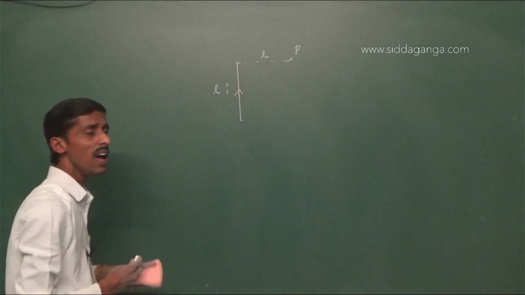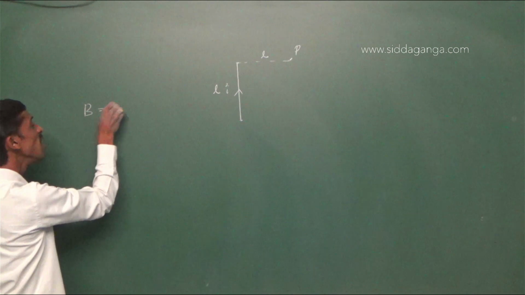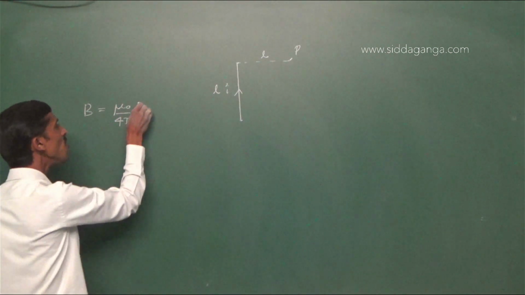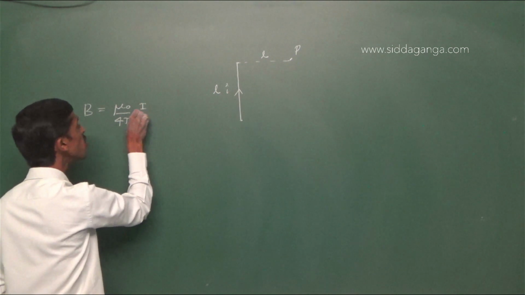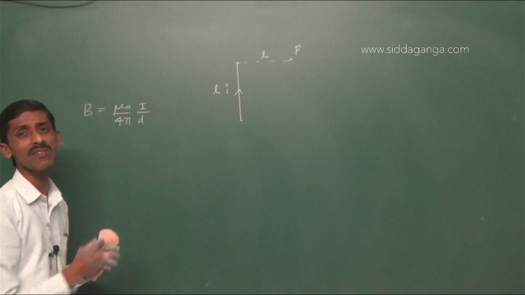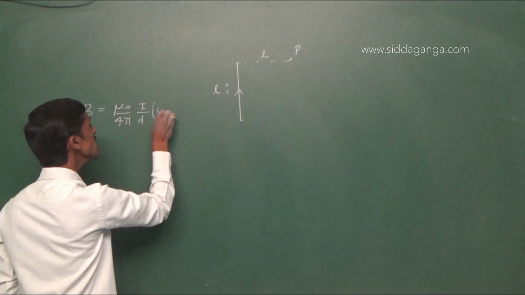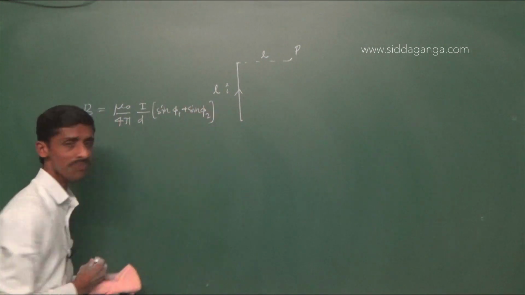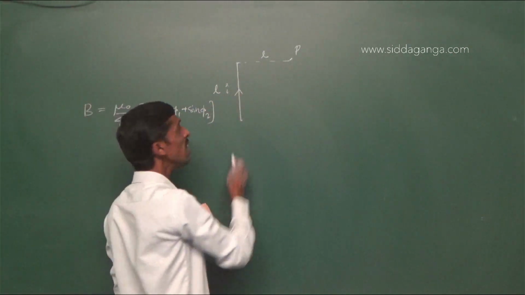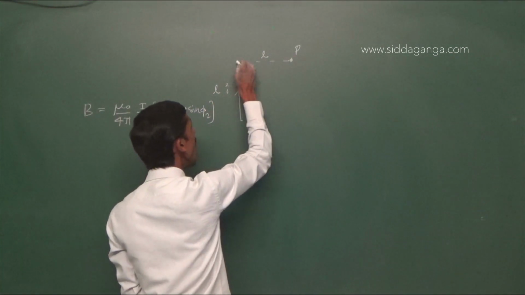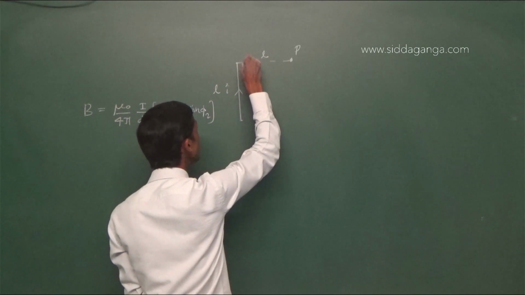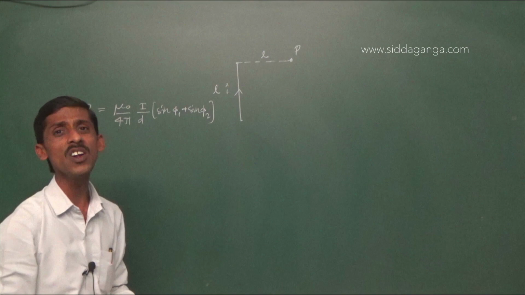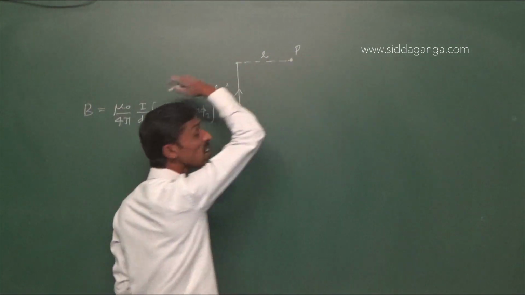As I have given, the magnetic field due to a wire of finite length is mu naught by 4 pi, I by d, where d means the distance of the point, into sin phi 1 plus sin phi 2. This is the basic formula. In this situation, the line joining the given point and the end of the conductor is making 0 angle with the perpendicular line.